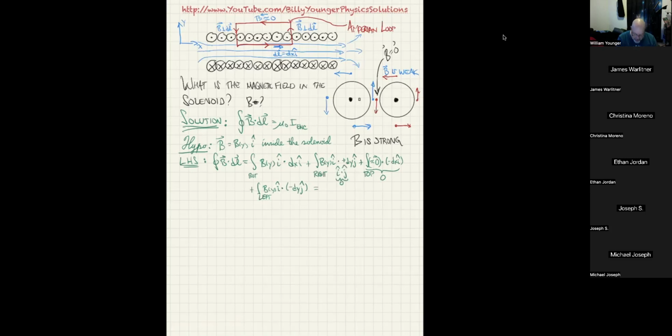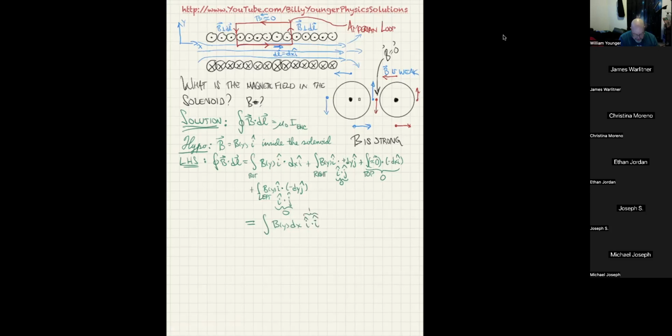And when you have i-hat dot j-hat here, that is 0 again. So I will say that our left-hand side is ultimately going to be just the integral of B of Y dx i-hat dot i-hat, which of course is just 1.